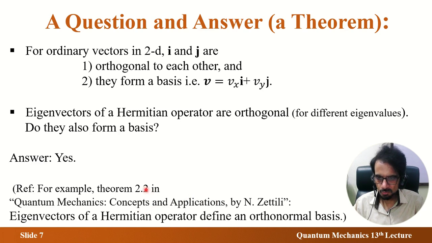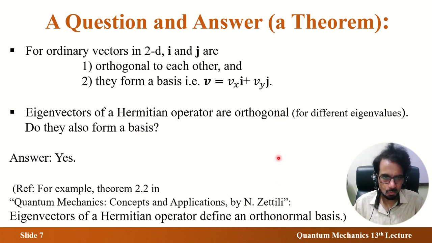And this book has theorem 2.2, and the statement in this book is equivalent to the statement that eigenvectors of a Hermitian operator form an orthonormal basis. And you see, that's all I have said here. Eigenvectors of a Hermitian operator form a basis? Yes, they form a basis.